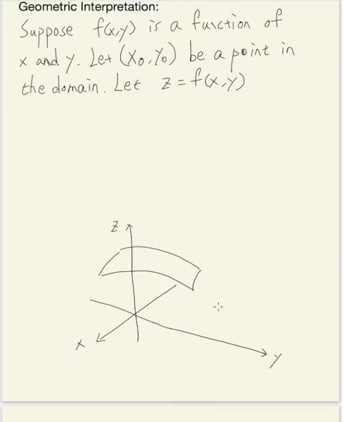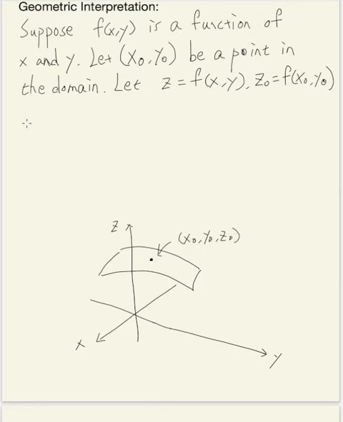Suppose we have a surface that looks like this, and this is the point x naught, y naught, and f of x naught, y naught. Let's define z naught as f of x naught, y naught. This is just so that we can write it out easily. So remember that this is the point x naught, y naught, z naught.